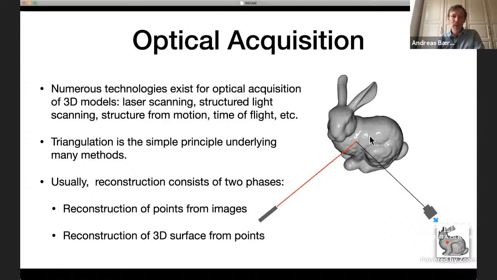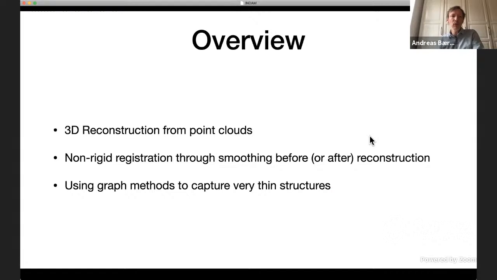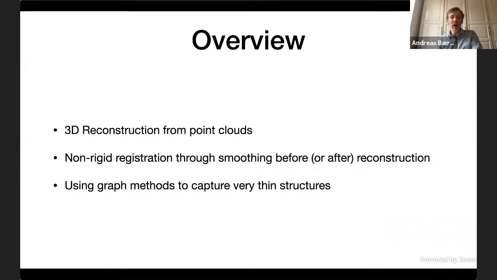And just to give you a brief overview, this is basically my talk. So I'll start by covering some methods for 3D reconstruction, both combinatorial and volumetric, at a very high level, but just to give basically an overview of the main concerns and the main trade-offs.